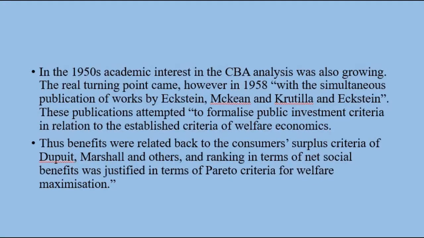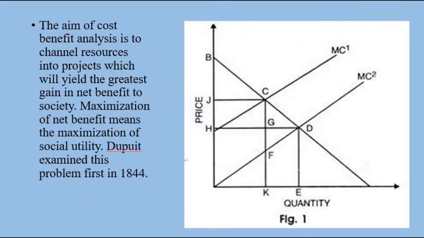Let us understand the welfare foundation of cost benefit analysis with the help of this diagram. The aim of cost benefit analysis, which I already said, is to channel resources into projects which yield the greatest gain in net benefit to society.